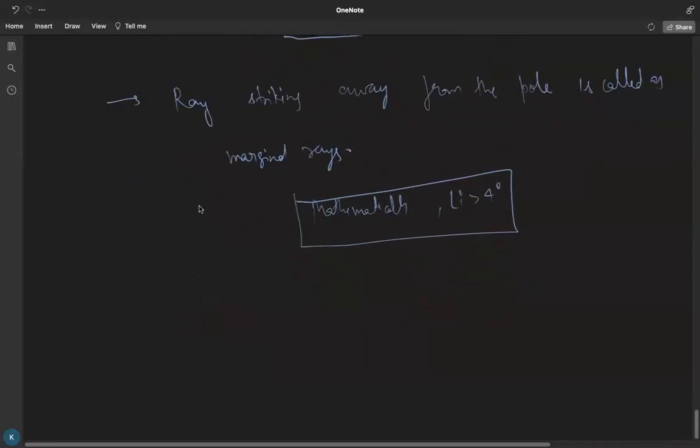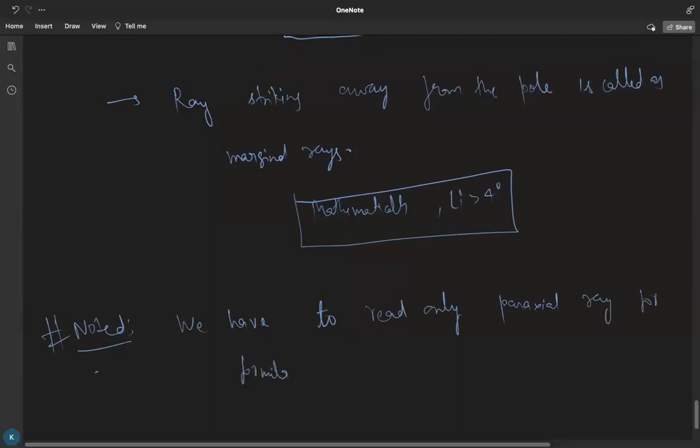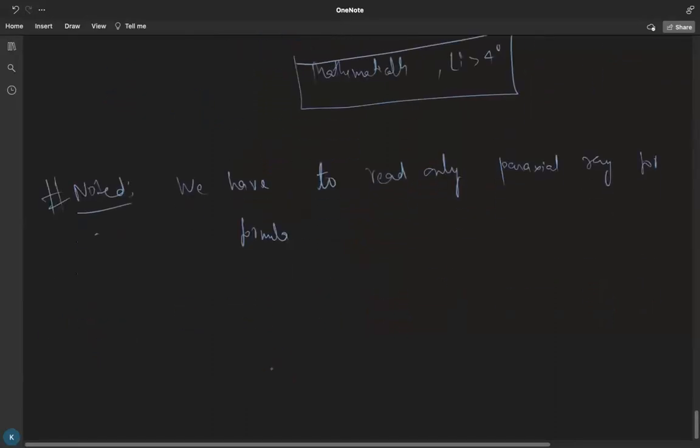Let me write down some noted points. We have to read only the paraxial ray for the formula, in which the ray of light strikes near the pole.